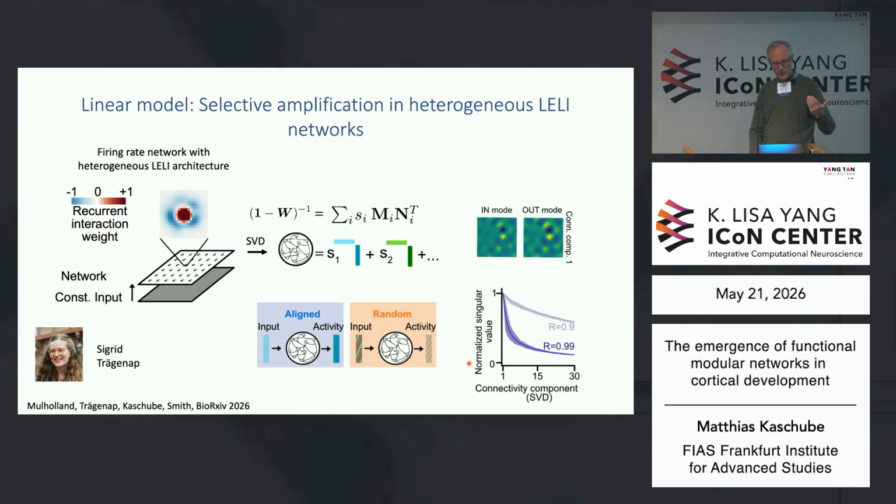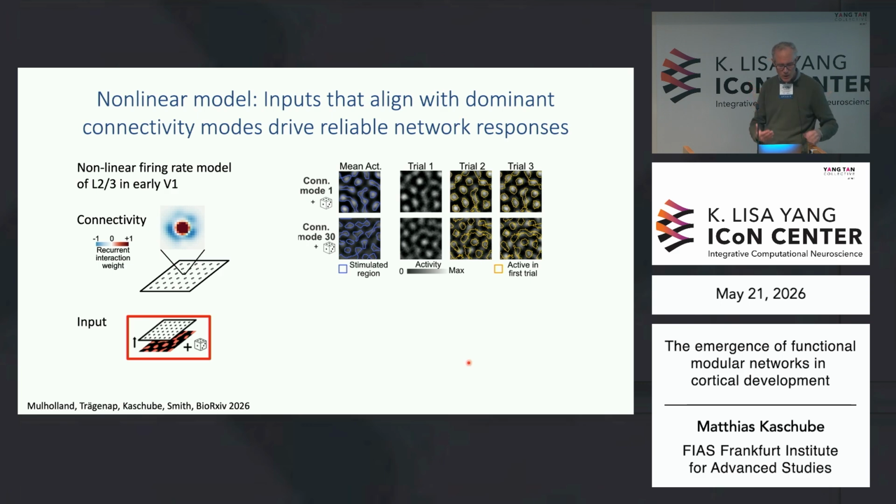Now, what is interesting is when we go to the nonlinear regime. We take essentially the same network but add a realistic nonlinearity and investigate what we get when we drive the network with input that is provided by this singular value analysis.